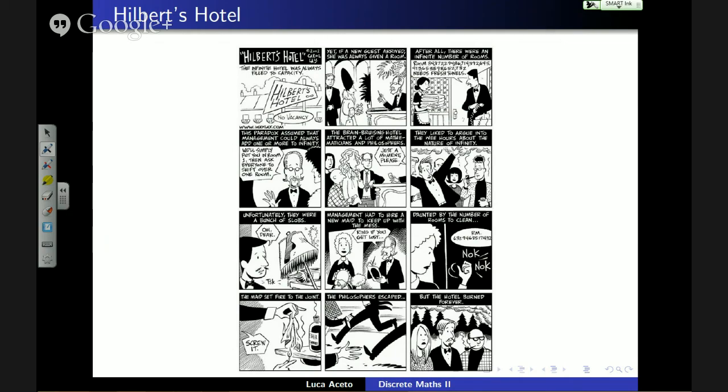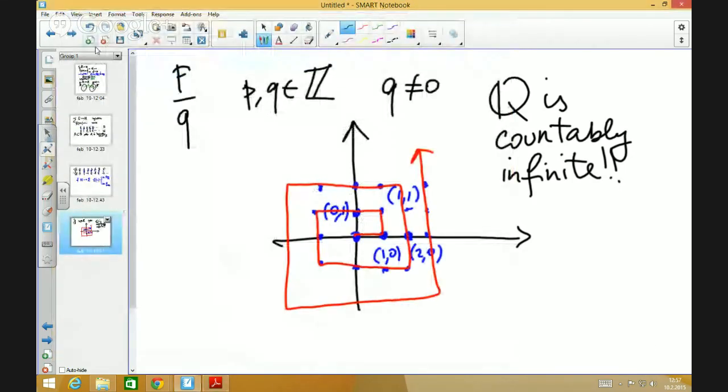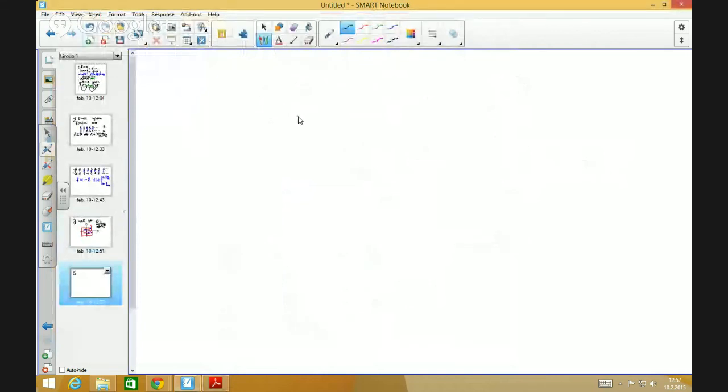And what is the idea of Hilbert's Hotel? Suppose that you have a hotel, take Hotel Natura, and all the rooms are full. You're a guest, you're a tourist, or somebody who wants to spend the night at the Hotel Natura. You go there and you say, do you have a room for me? The answer is going to be, no, we are fully booked, sorry.